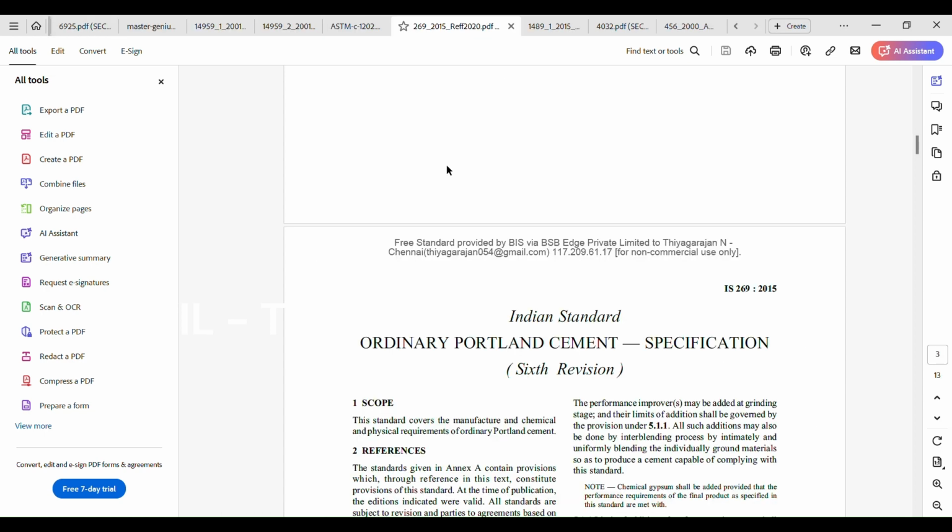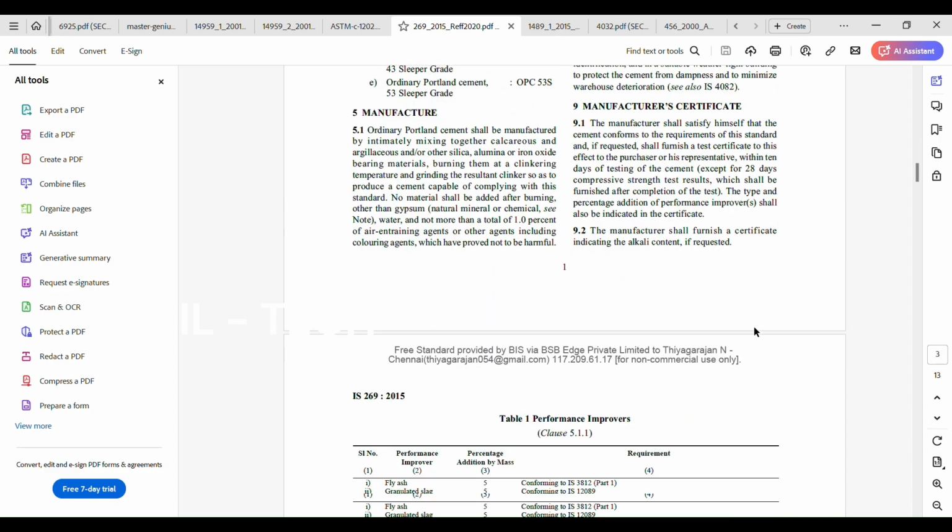Now we are going to see about the cement specification, particularly ordinary Portland cement. The IS code reference is IS 269 2015.